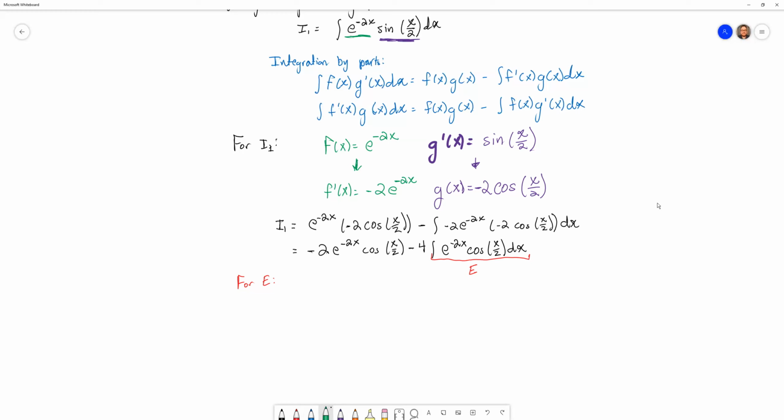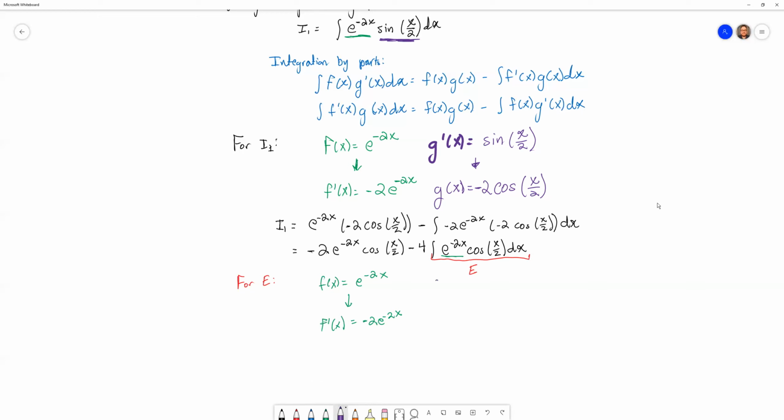So once again, we say f at x is equal to e to the minus 2x, which would make f prime at x equal to -2 e to the minus 2x. And that is from here.